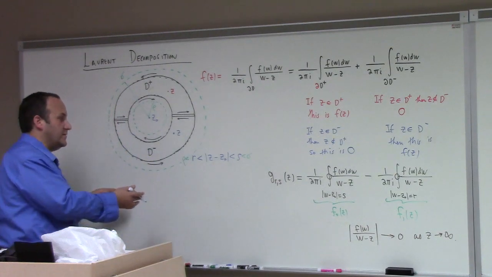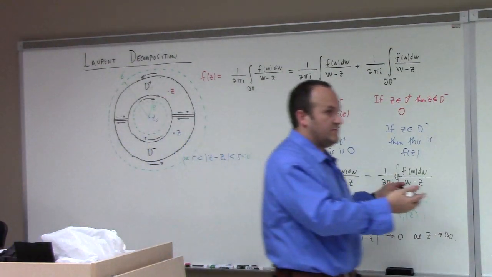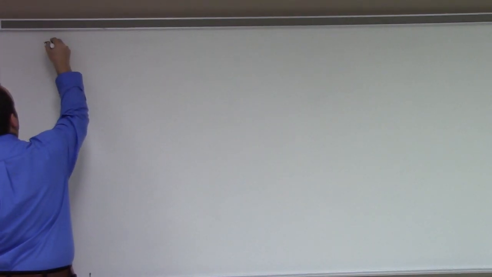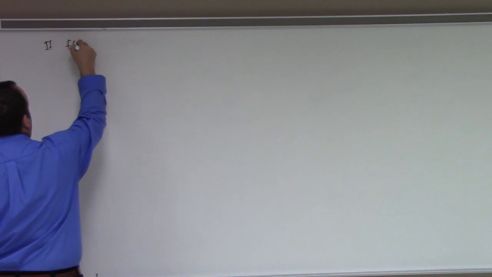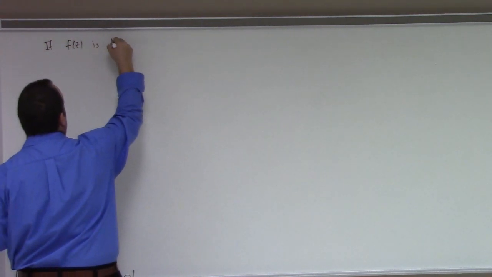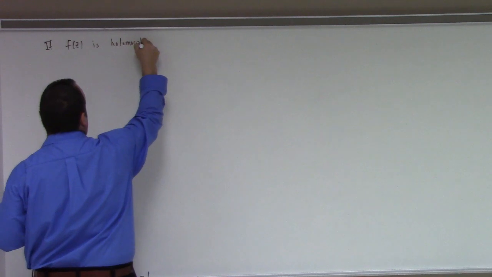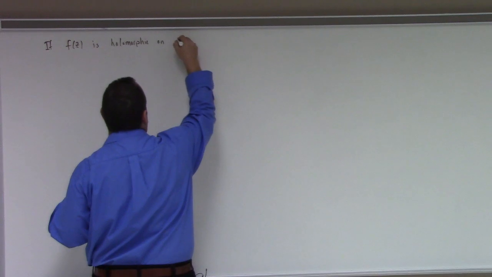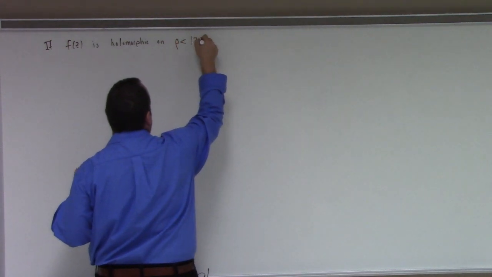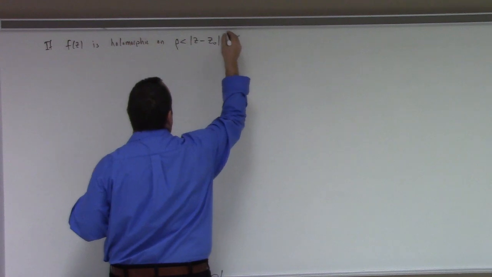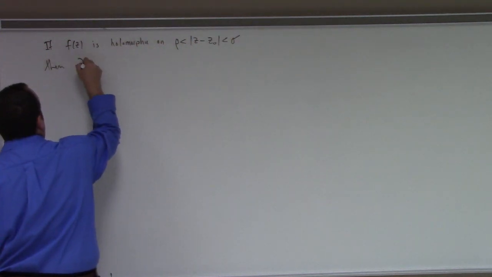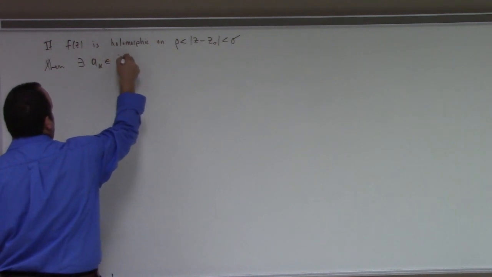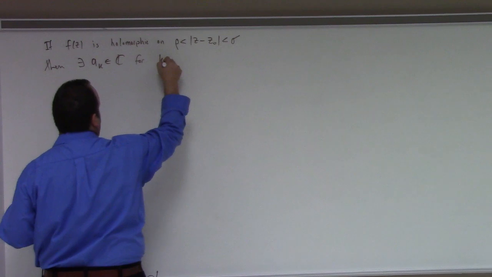The larger point from this, though, is that we get the Laurent series decomposition, right? Which is that if f of z is holomorphic on, let's say, what did I say, rho less than z minus z naught less than sigma, then there exist coefficients a sub k in the complexes for k in the integers such that what?